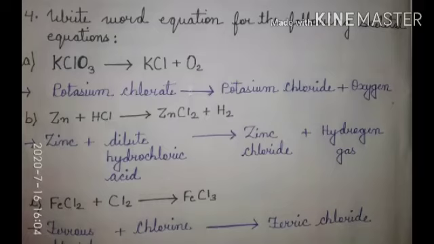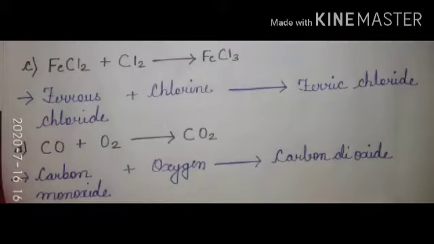Now the next question is FeCl2 plus Cl2 gives FeCl3. Here FeCl2 is known as ferrous chloride, plus chlorine gives ferric chloride. Now the next question is CO plus O2 gives CO2.